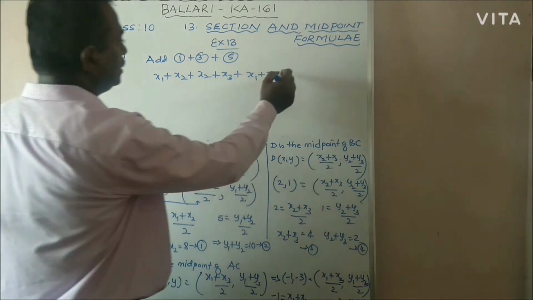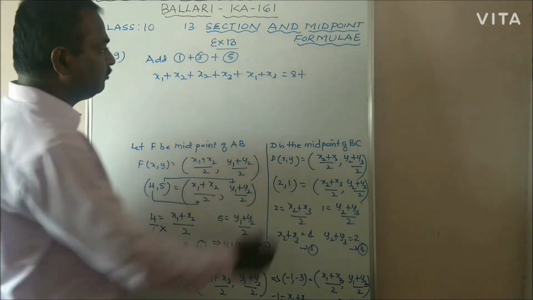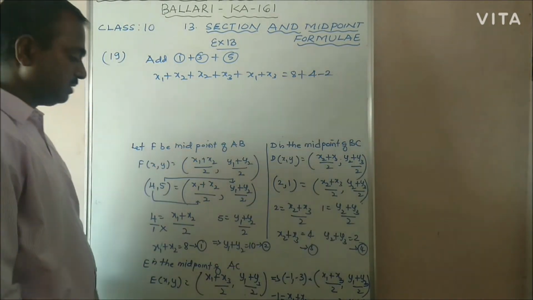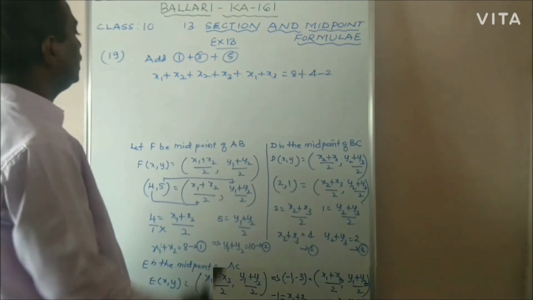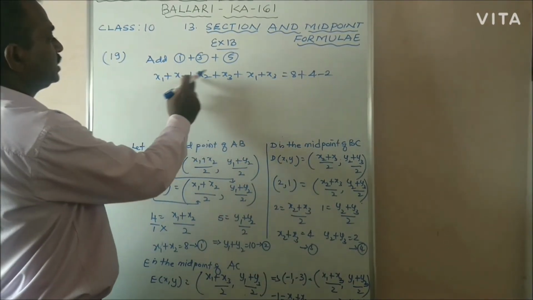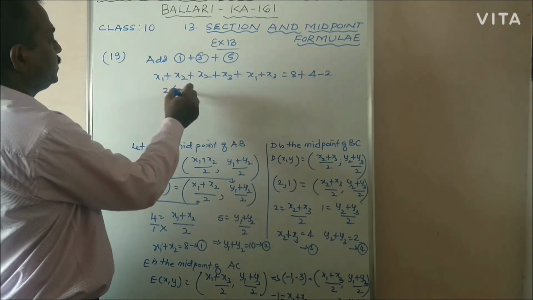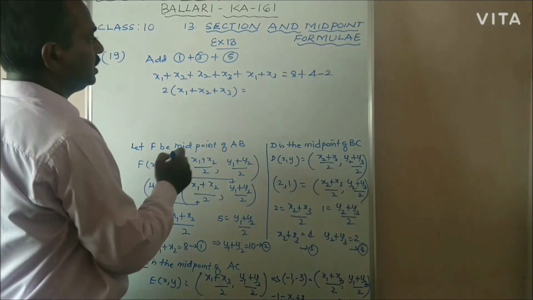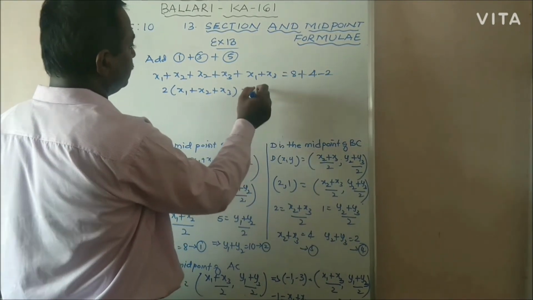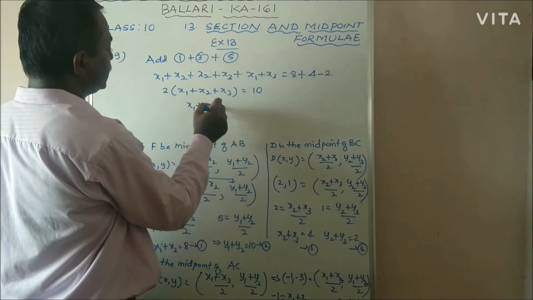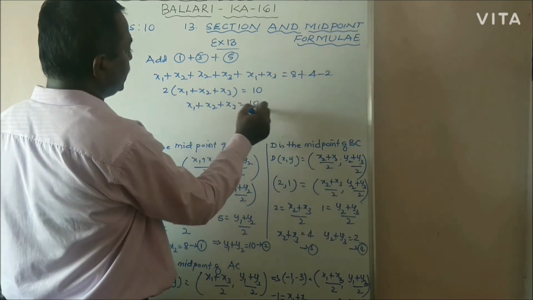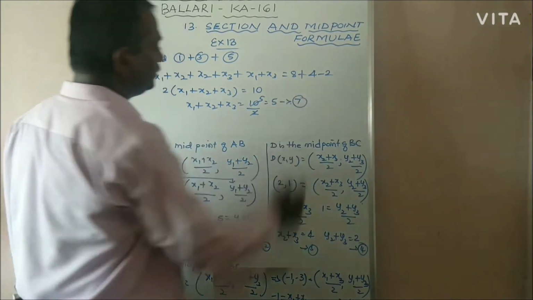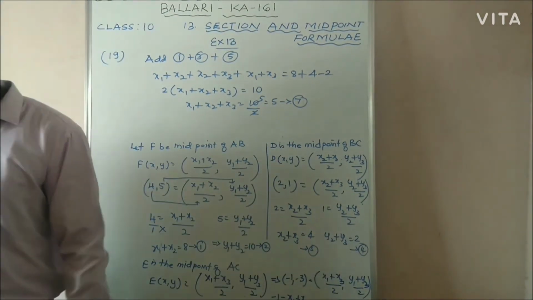RHS: 8 plus 4 plus minus 2. And now 2 x1s are there, 2 x2s are there, 2 x3s are there, so 2 common. x1 plus x2 plus x3 is equal to 8 plus 4, 12, 12 minus 2 is 10. Therefore, x1 plus x2 plus x3 is equal to 10 by 2, that is 5, equation number 7. Correct?